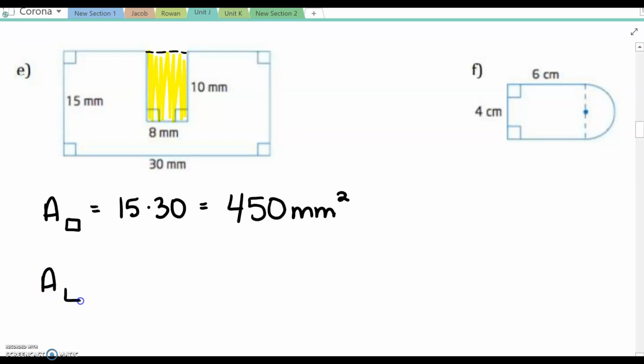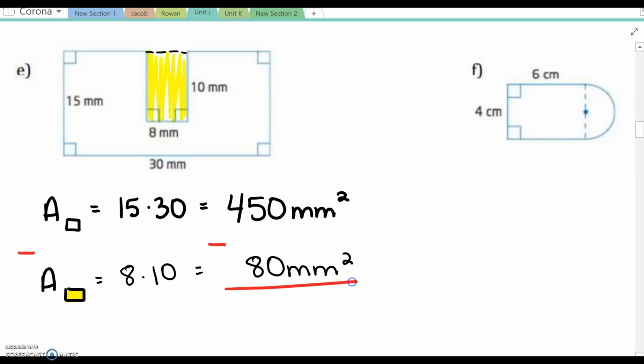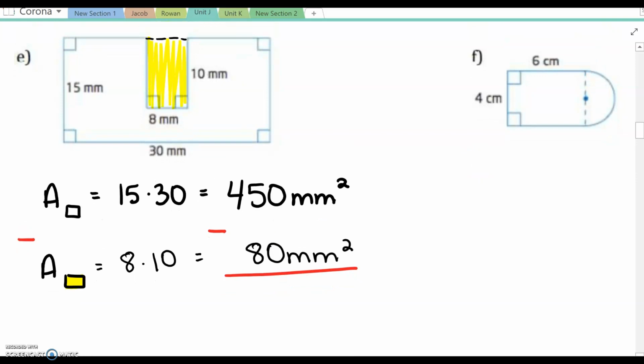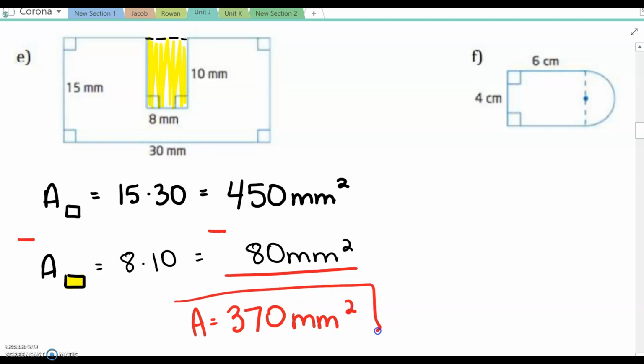So this is the area of the yellow rectangle. And that has dimensions of 8 millimeters by 10 millimeters. So that's 80 millimeters squared. And now we're going to subtract that yellow rectangle from the overall rectangle. So 450 minus my 80 gives me an area of 370 millimeters squared.